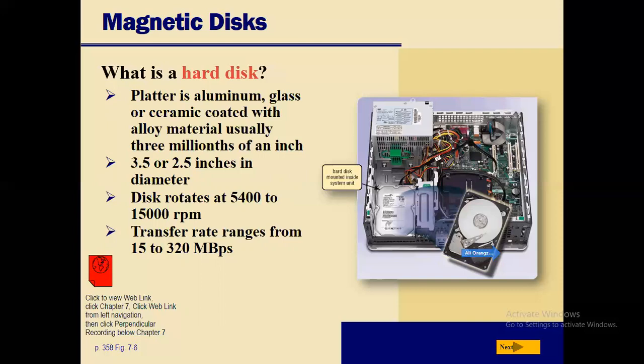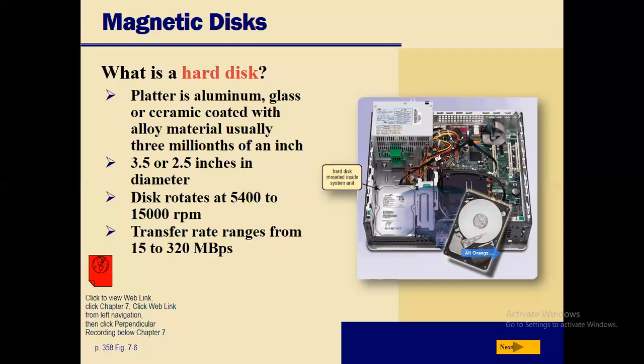Each disk consists of platters, with rings on each side of each platter called tracks, and sections within each track called sectors. A sector is the smallest physical storage unit on a disk, almost always 512 bytes in size.